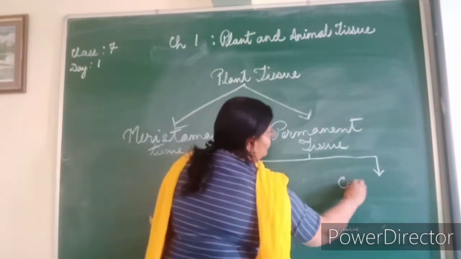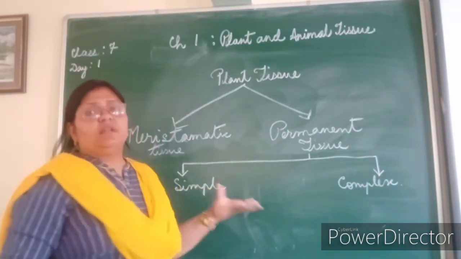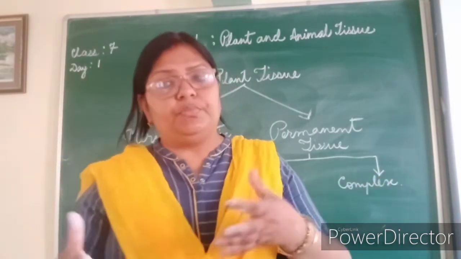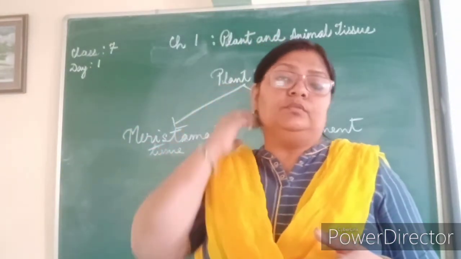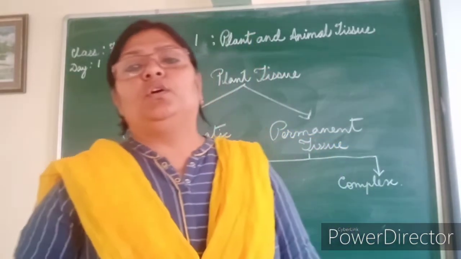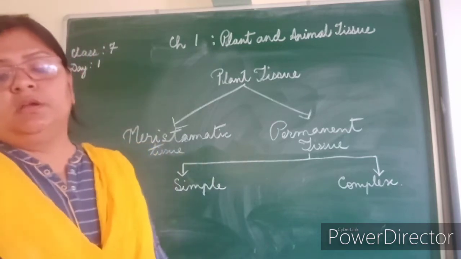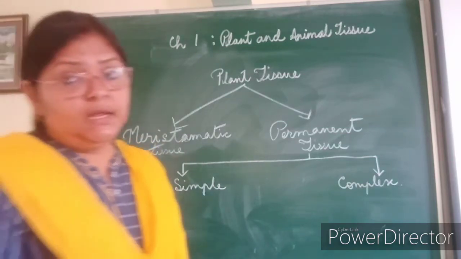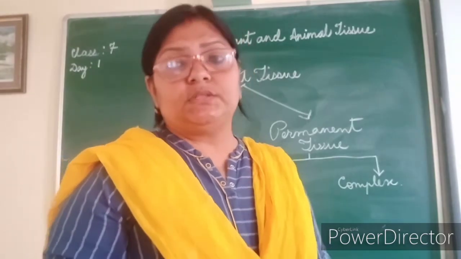The name itself gives you an idea. Simple and complex. Complex means there must be something more, a difference or something difficult in it, or more than one. So coming to simple permanent tissue, depending on its function, there are two groups.